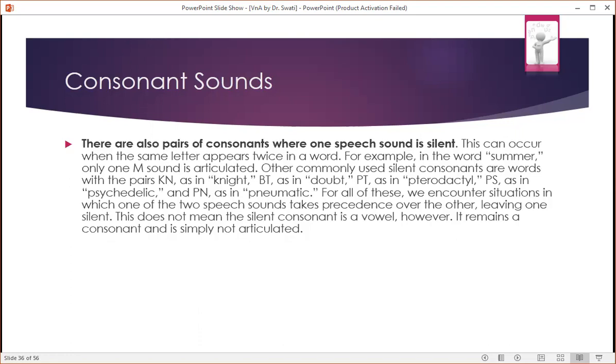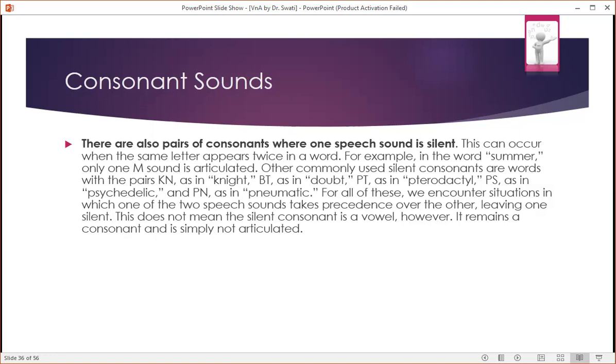Now, there are also pairs of consonants where one speech sound is silent, right? So there are many pairs where one of the letters is silent in that word. Now, you must have observed that it occurs many times: the same letter appears twice in the word, right?